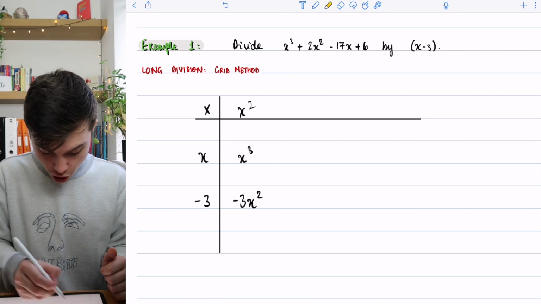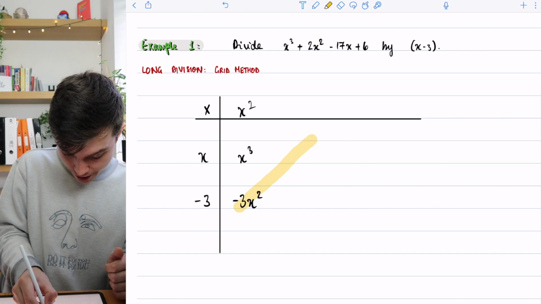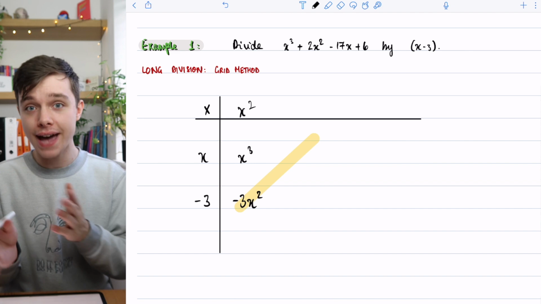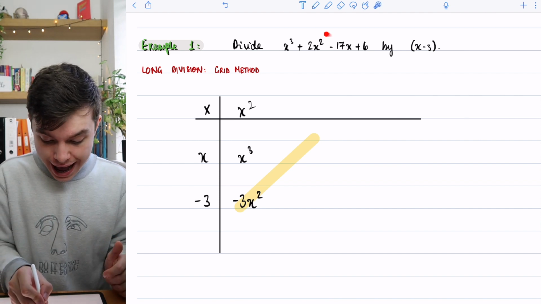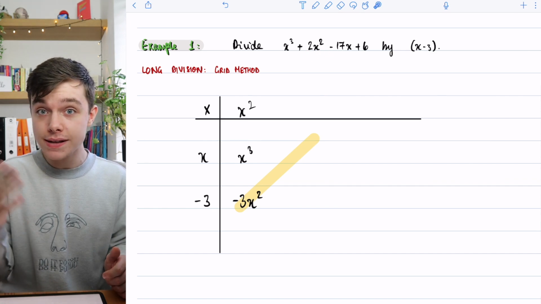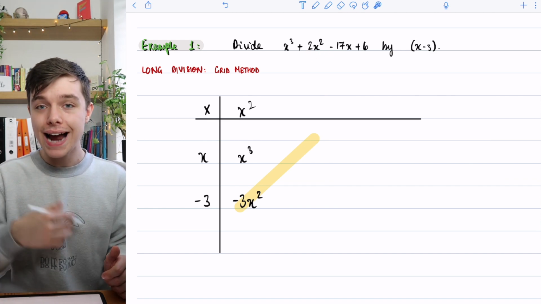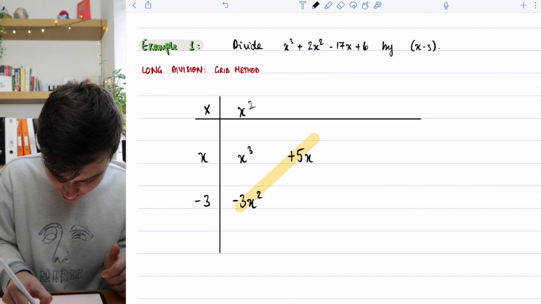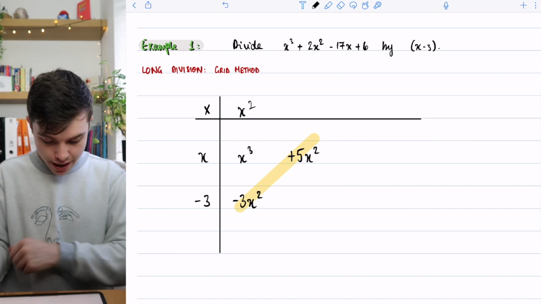So we work along a diagonal here to think, what do I need to add or subtract? In this case, it's add. What do I need to add to minus 3x squared to give me the number of x squareds that I need, which is 2? I need to add 5. So I'm going to add on 5x squared. Okay, hopefully that makes sense.